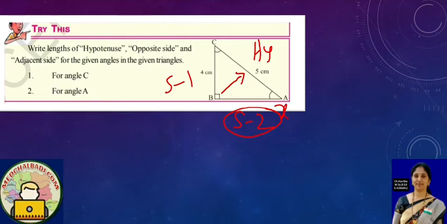Let it be x. Use the Pythagoras theorem first and find the value of AB. Here, assume that AB is equal to x. So based on the Pythagoras theorem, what does it say? Hypotenuse square is equal to side 1 square plus side 2 square. We can change this.